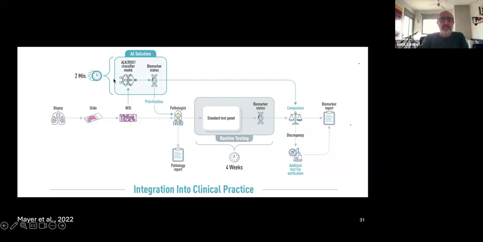The model provides in 2 minutes the prediction whether there is some mutation or not, for example, in EGFR or in ALK or in ROS. So these are biomarkers that impact the decision of the clinicians what treatment to give to the patient. So in 2 minutes, the pathologist gets the result.